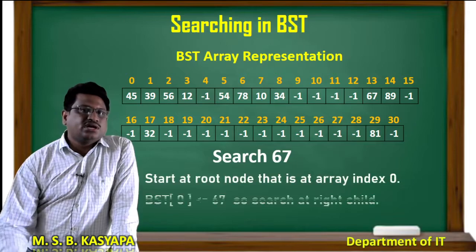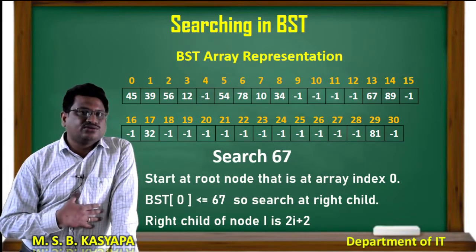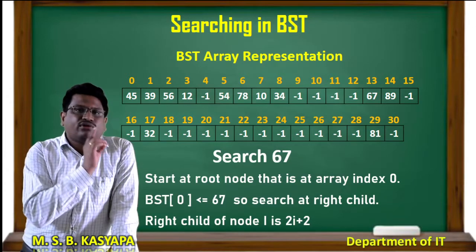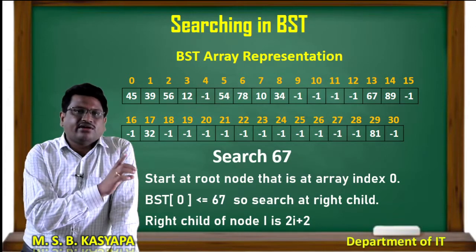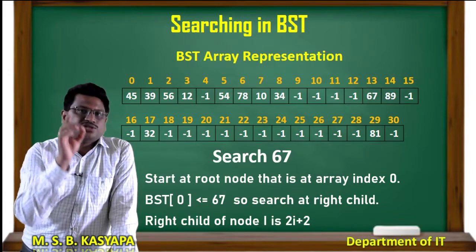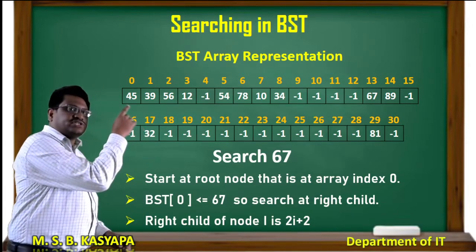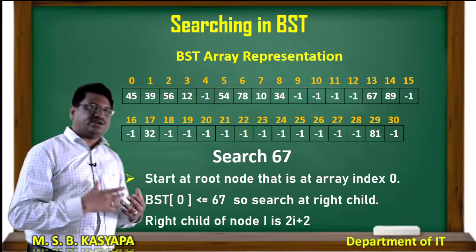Suppose I want to search for 67; first I have to search at the root node. As you know, if I convert a binary search tree or binary tree into an array, the root node is stored at the 0th position. The 0th position has 45, which I treat as the root node.